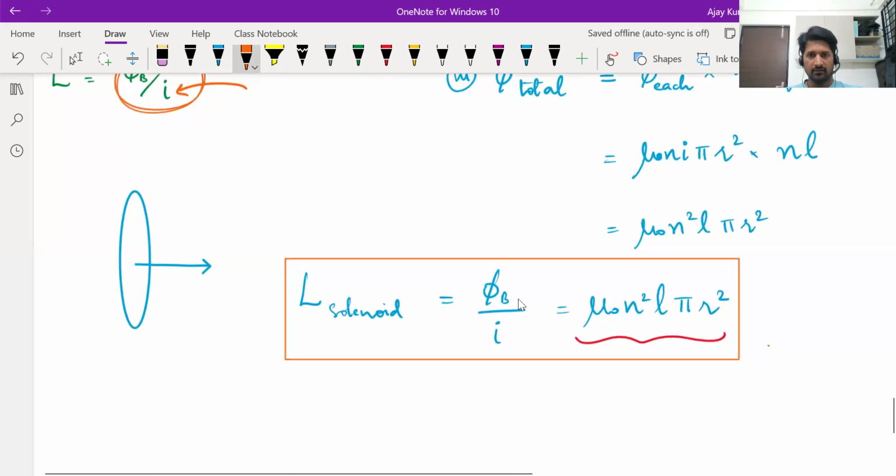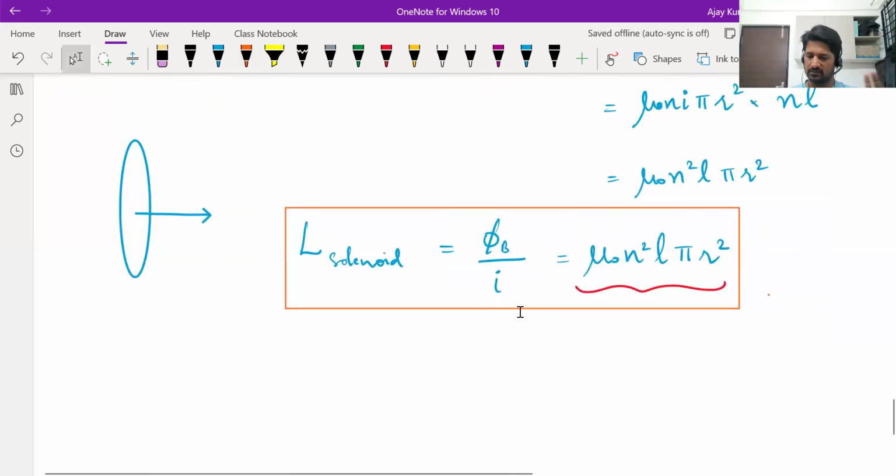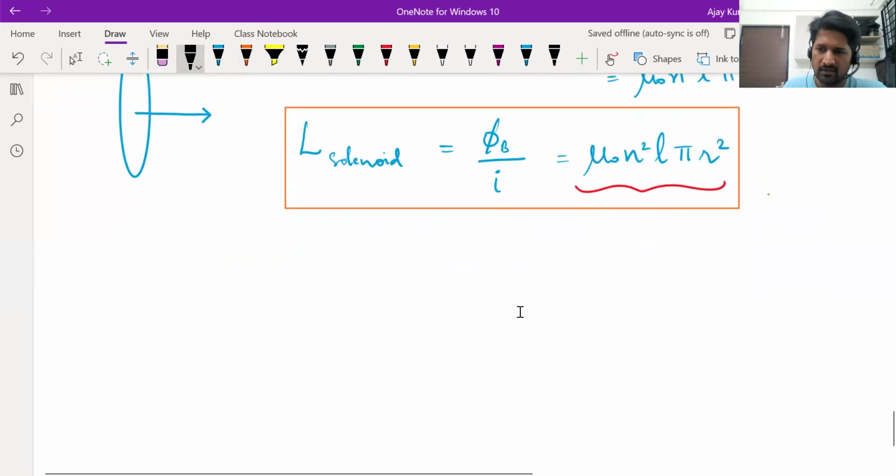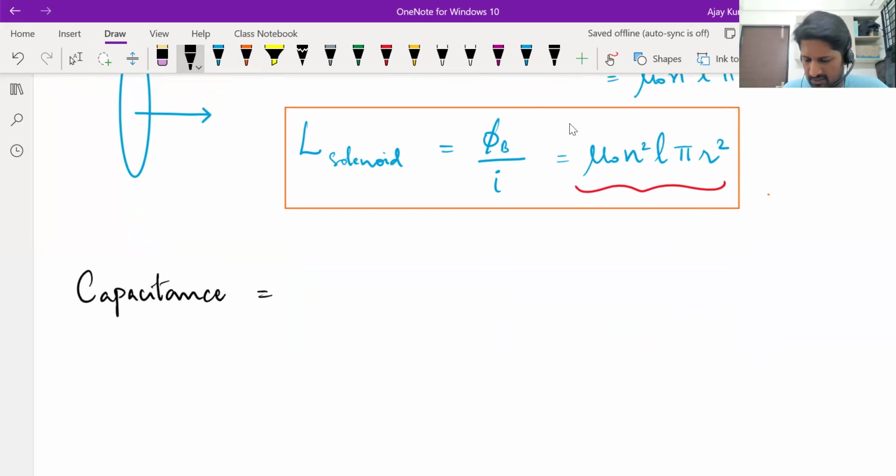And when I said this is similar to capacitance, this is also one of the reasons. Can one of you tell me the factors on which capacitance of a capacitor depends? Capacitance, the basic formula is Q divided by delta V. But when you give more charge, you get more potential difference.